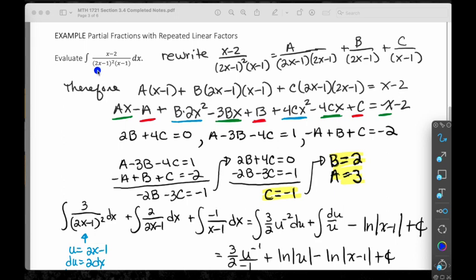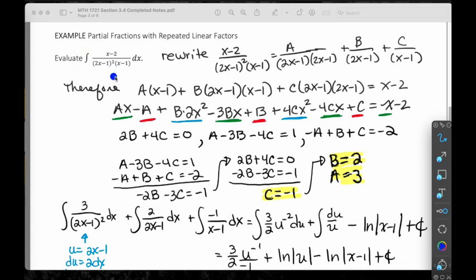So the next step then is to factor the denominator. And this one's pretty much already factored for us. We have 2x minus 1 times 2x minus 1 because it's squared, and then x minus 1. So we have 3 factors in the denominator. And 2 of them are the same, so we have repeated linear factors.